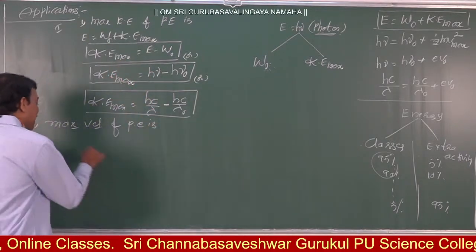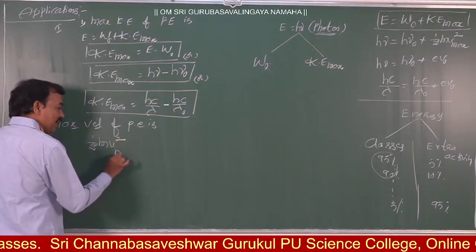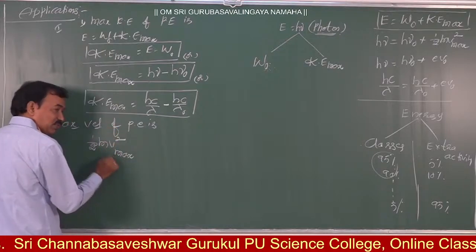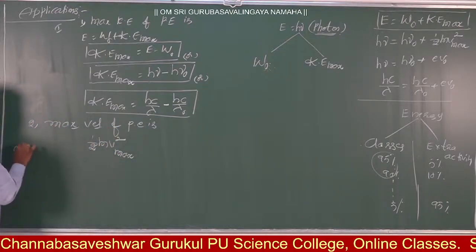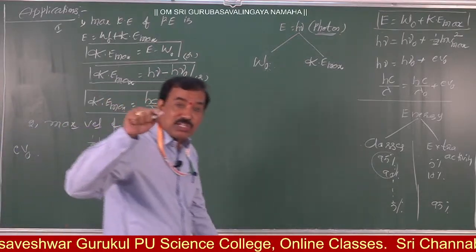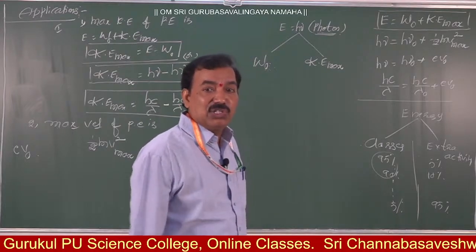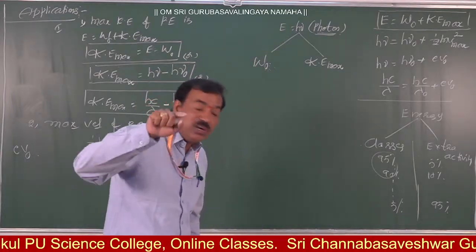So what is the kinetic energy equation? This is equal to half mv square. Why are you using this equation instead of E minus W naught here? Since the question is asking for the maximum velocity of the emitted photoelectrons only.